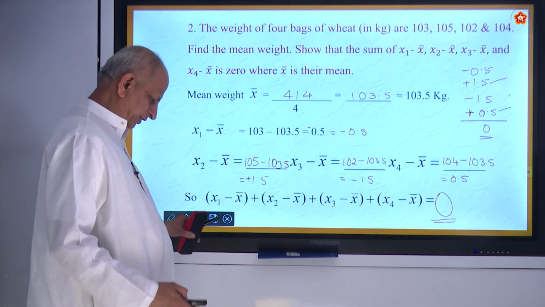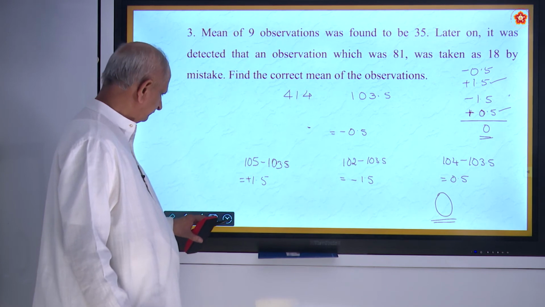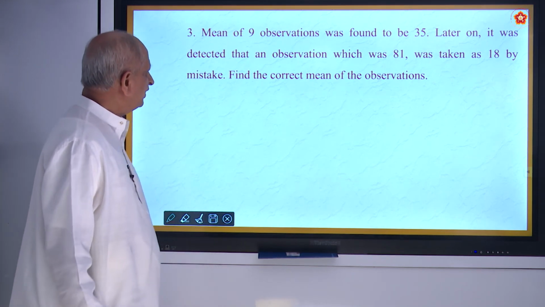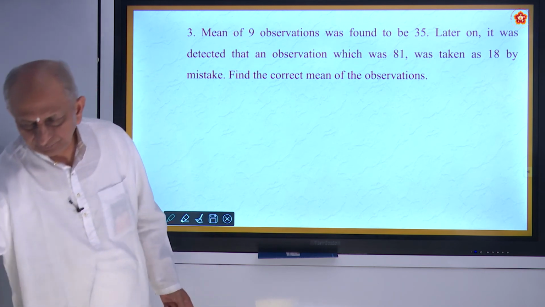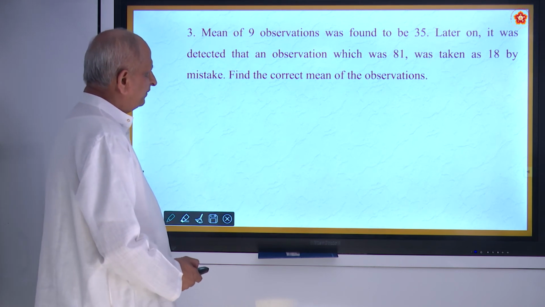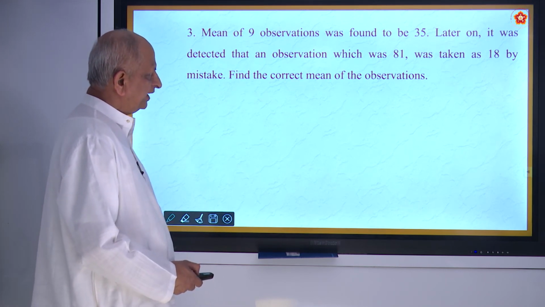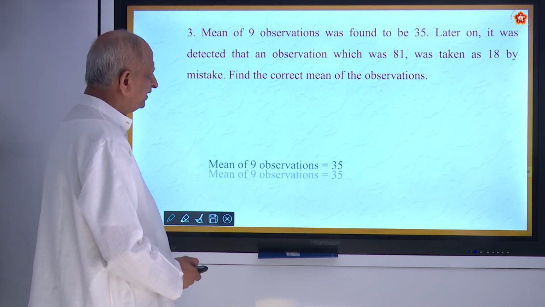So this is about average. Okay. Next question is, mean of 9 observations was found to be 35. So later on it was detected that observation which was 81 was taken as 18 by mistake. Find the correct mean.